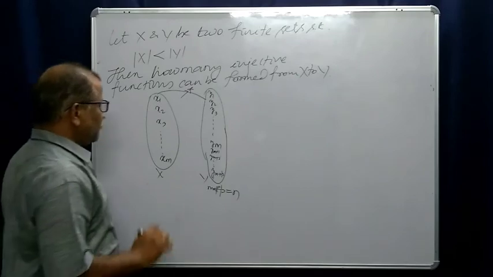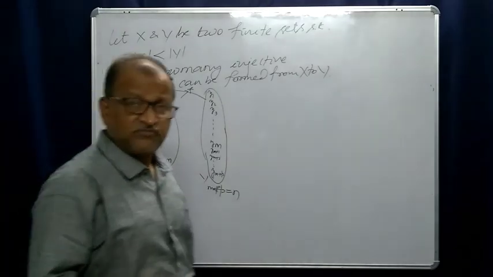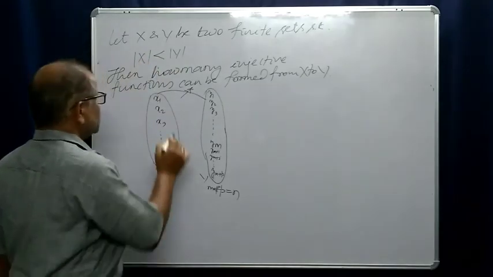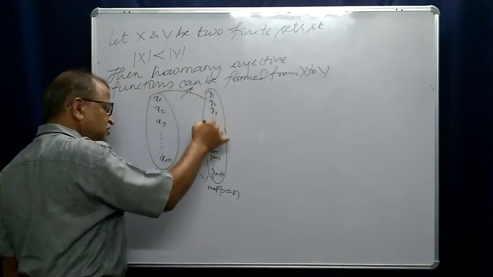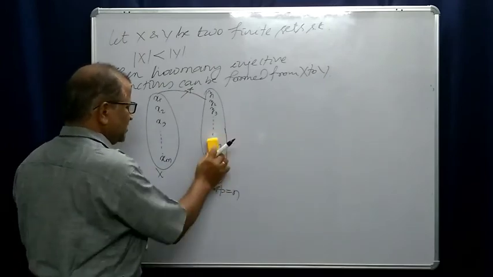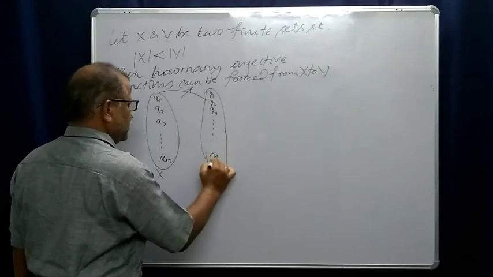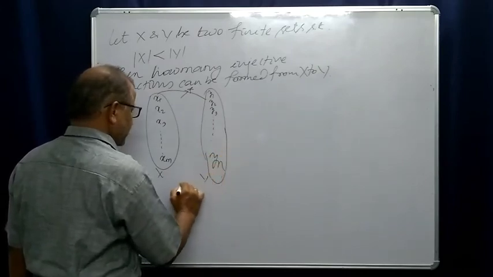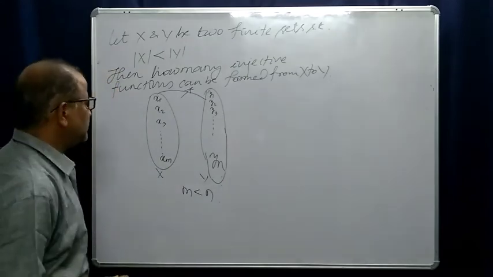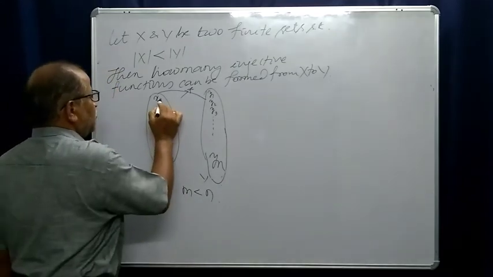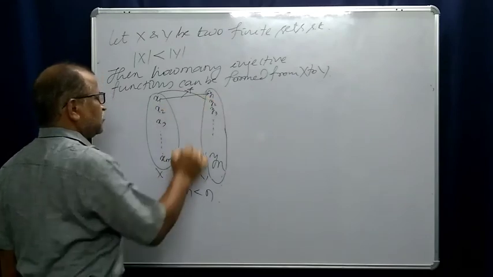Yes, first, how will you form an injective function? Suppose x1 is here, we want to relate x1 with all these elements, up to yn, and m is less than n, right? What we will do, suppose we relate x1 with y1.